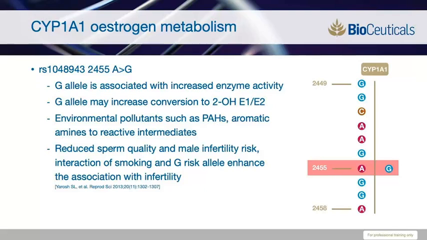The G allele has been associated with reduced sperm quality. So yes, it's affecting the estrogen levels, but it may also impact on male fertility. And there seems to be an interaction between this G allele that affects enzyme activity and smoking, which can increase the risk of infertility.